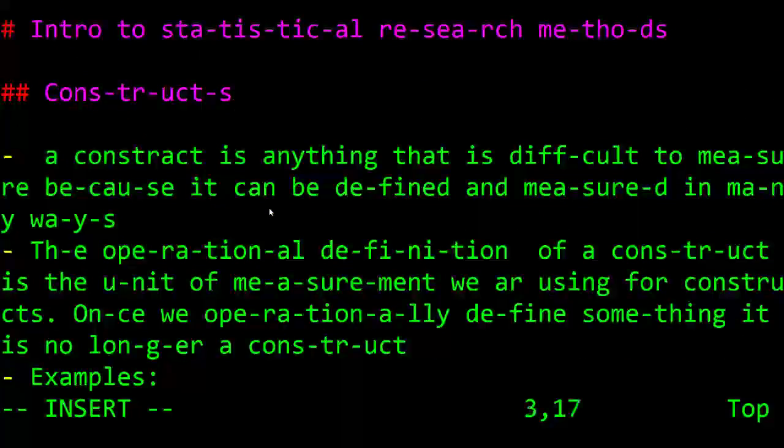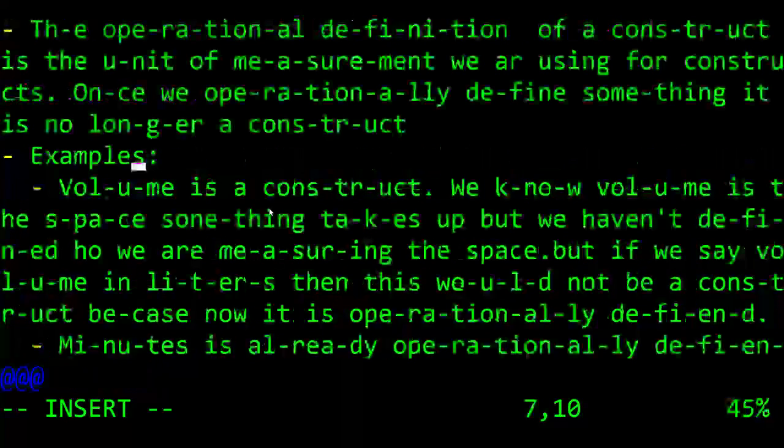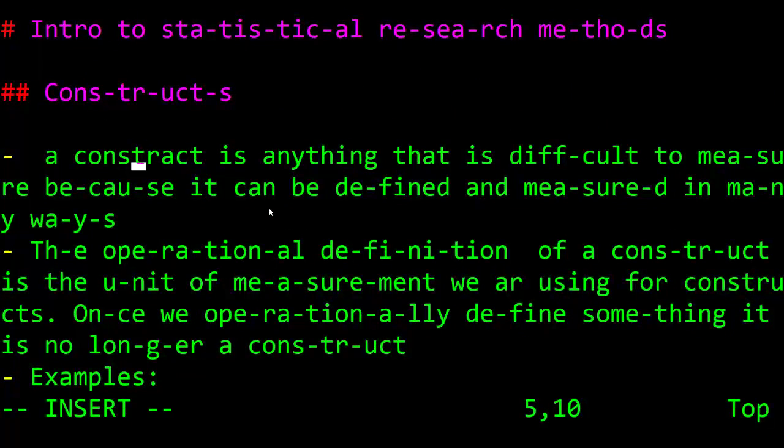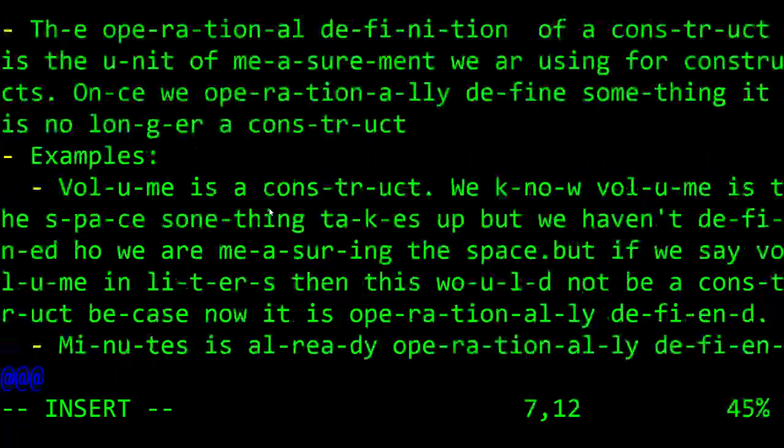So we finished the constructs, and we said a construct is anything that is difficult to measure because it can be defined and measured in many ways. And there is something other than that called the operational definition of a construct, which is the unit of measurement we are using for constructs.